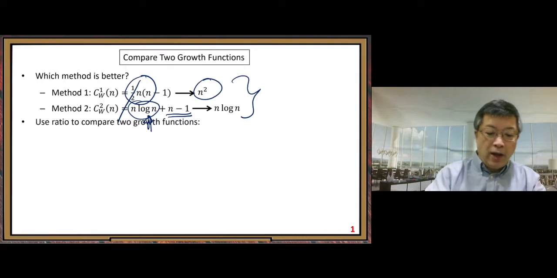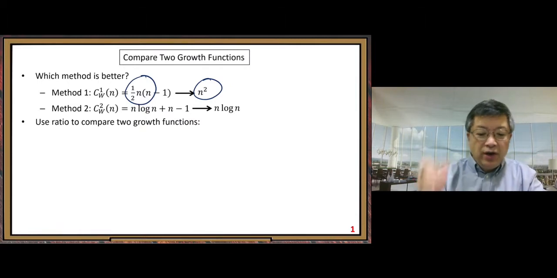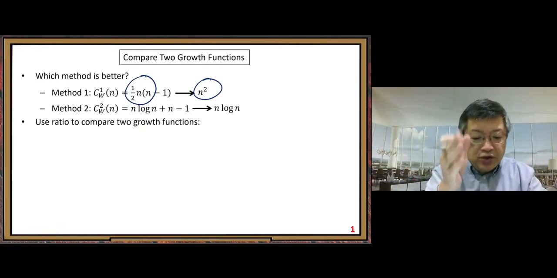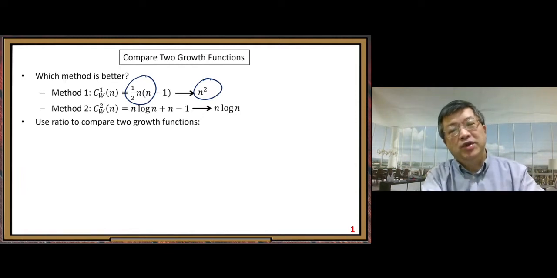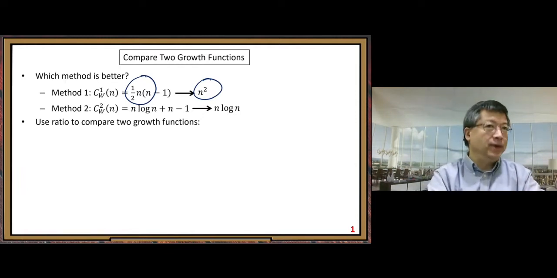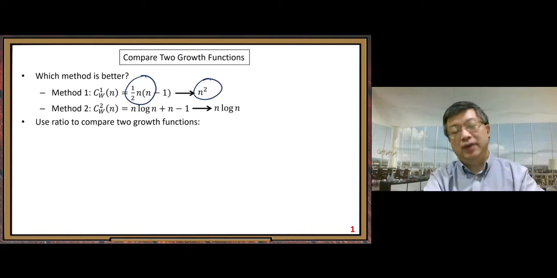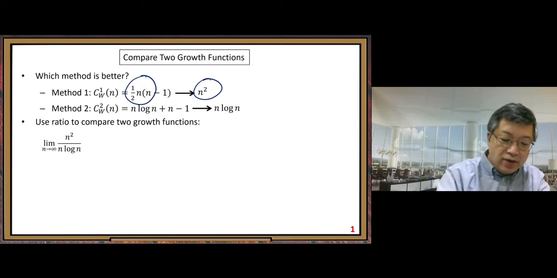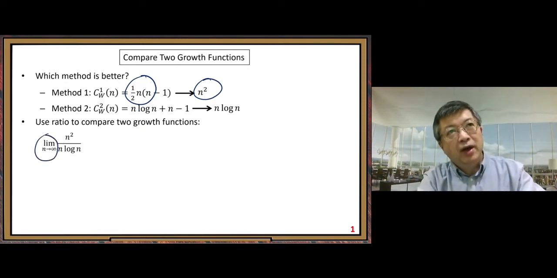So now, to compare which one is faster here, we use the ratio to compare two growth functions. We use the limit of the ratio. You may ask me why we use the limit here.